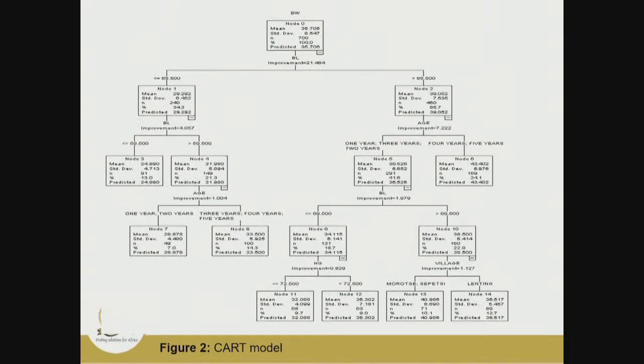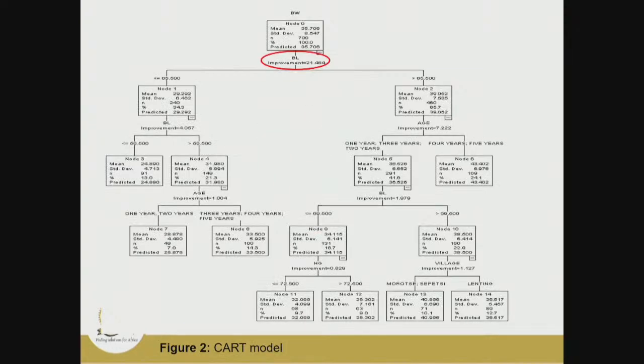Then figure 2 shows the CART model. This model was created to come up with the traits that will be used to estimate the body weight. So this model considers the traits that effectively affect the body weight together with the other considered factors that can be used to estimate the body weight of an animal.